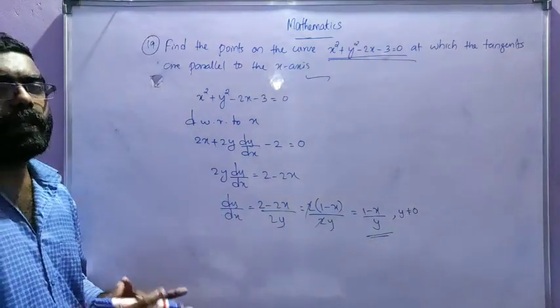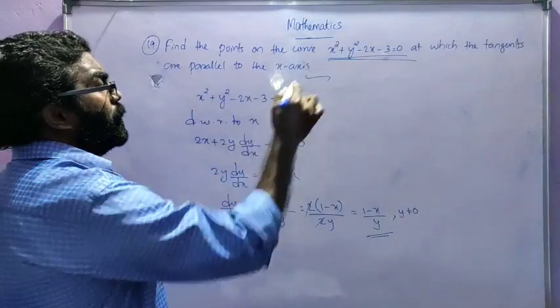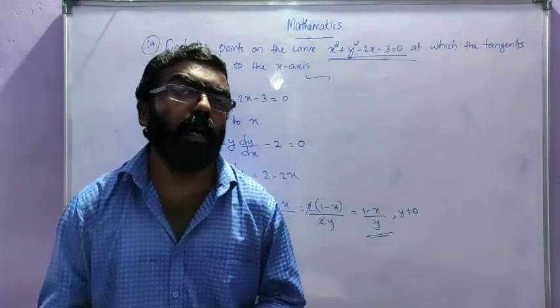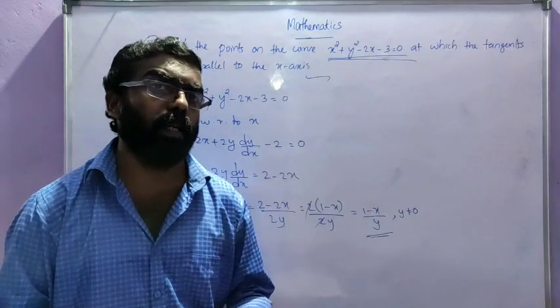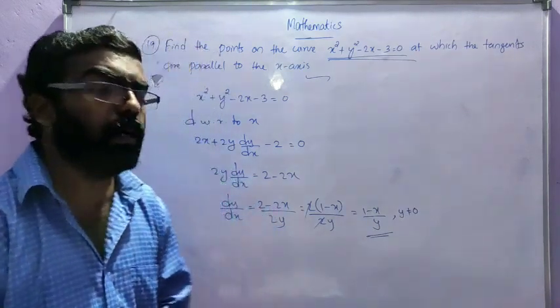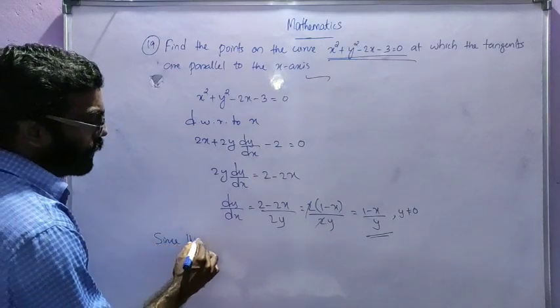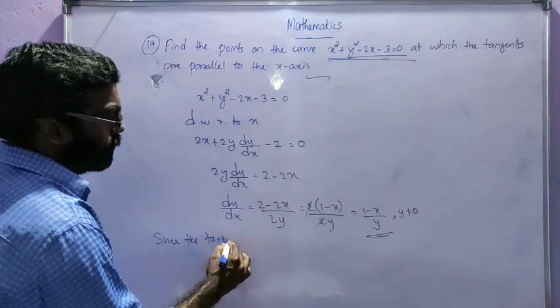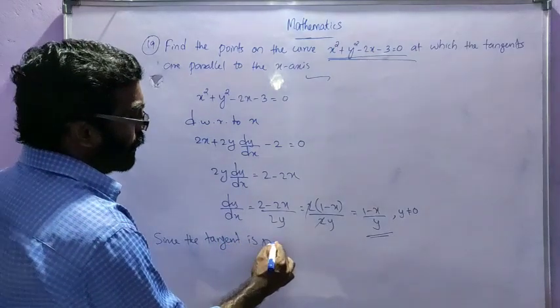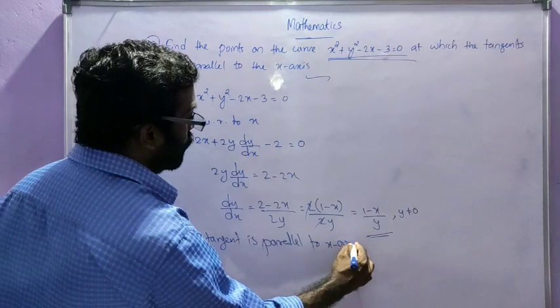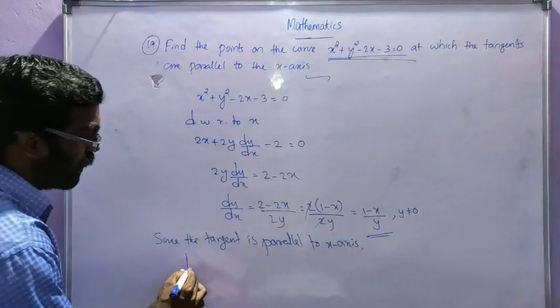Okay. Now it is given that the tangent is parallel to x-axis. We all know tangent is parallel to x-axis means slope of the tangent is 0. That means dy by dx is equal to 0. So here we can write, since the tangent is parallel to x-axis, dy by dx is equal to 0.